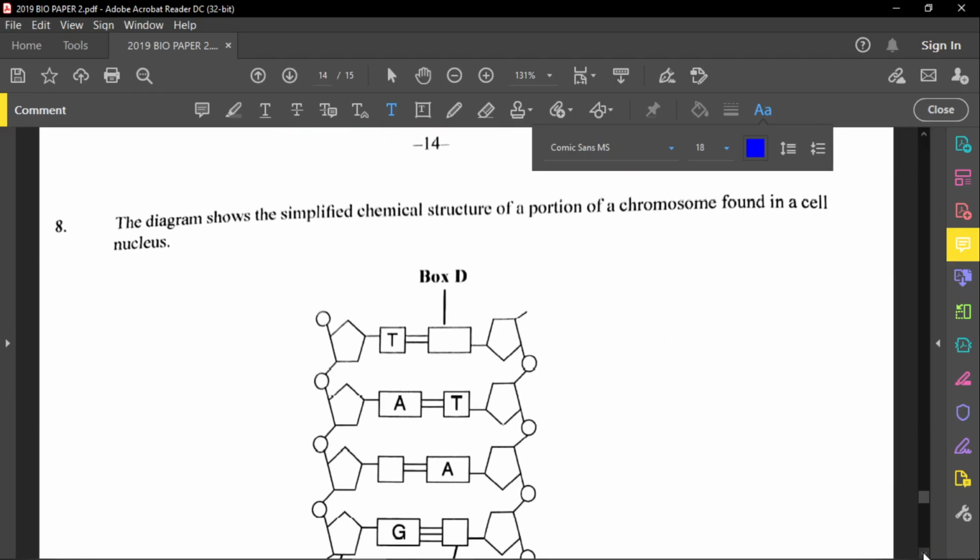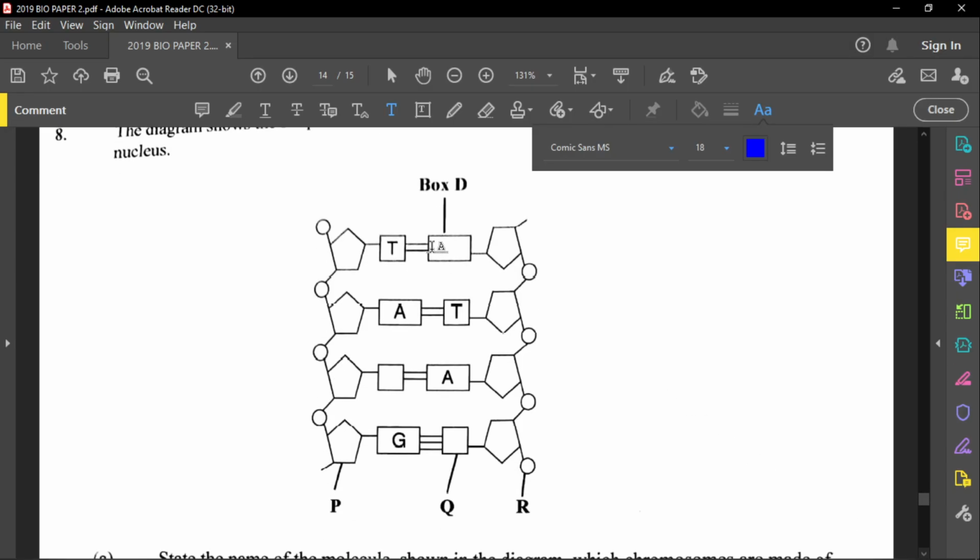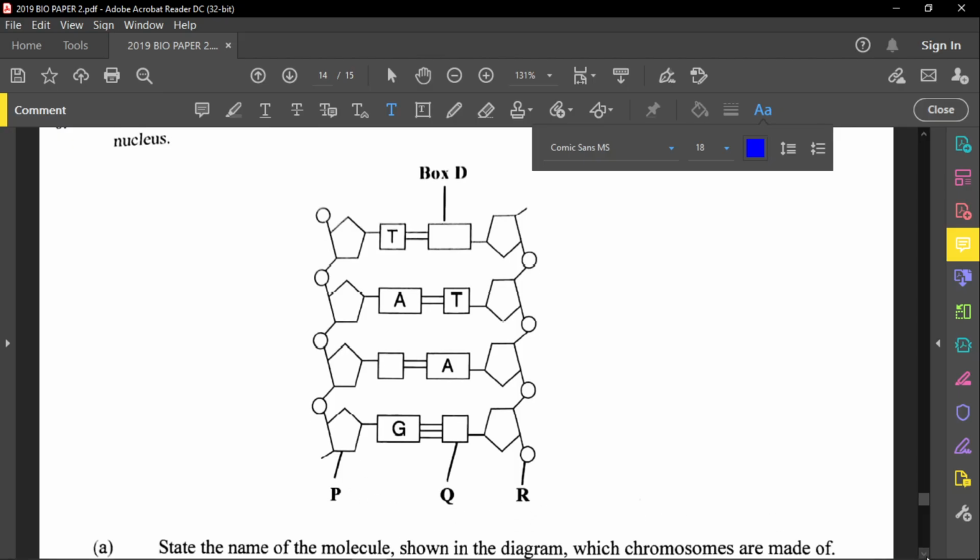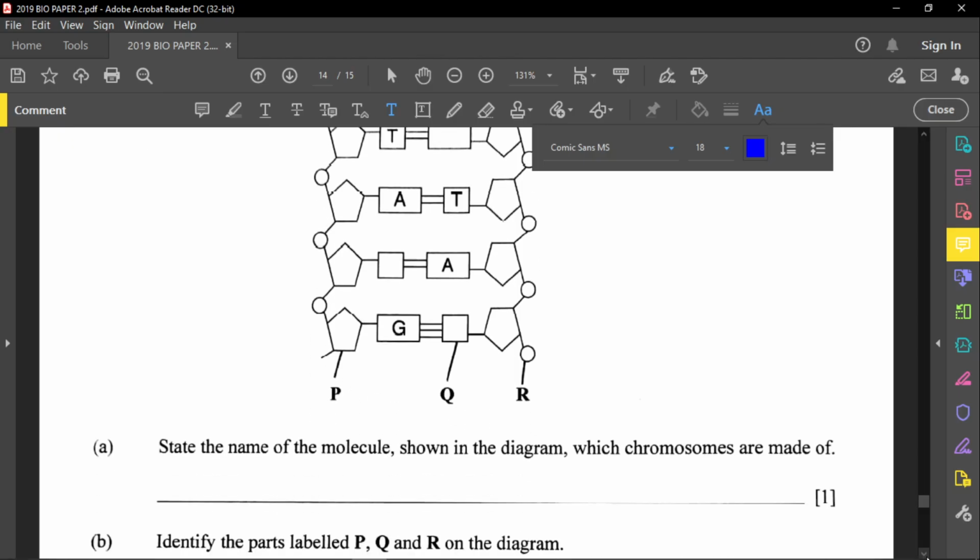Let's go to our final question. A diagram shows the simplified chemical structure of a portion of a chromosome found in a cell nucleus. Here we have box D, with some letters: P, Q, and R. Let's figure out what is happening here. First and foremost, state the name of the molecule shown in the diagram which chromosomes are made of.